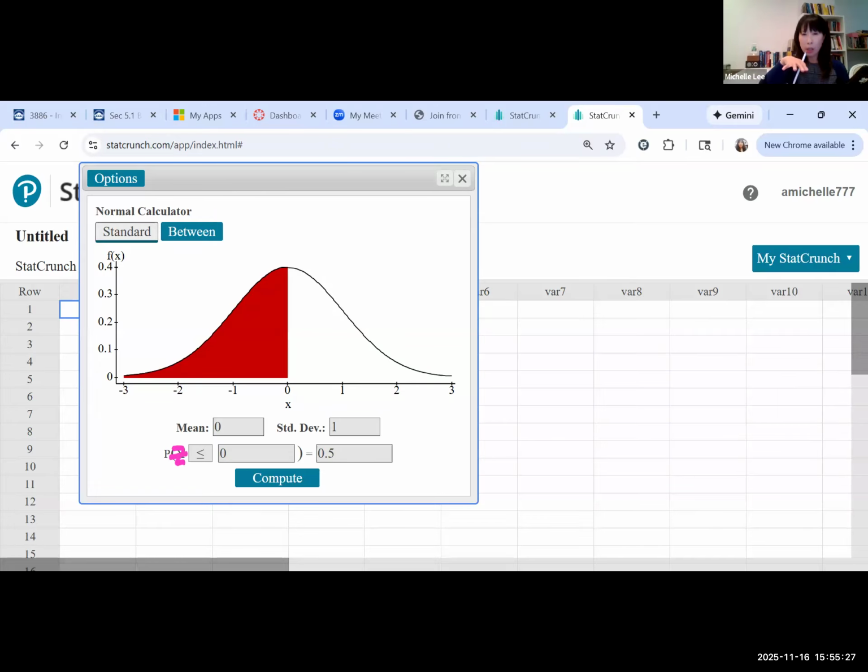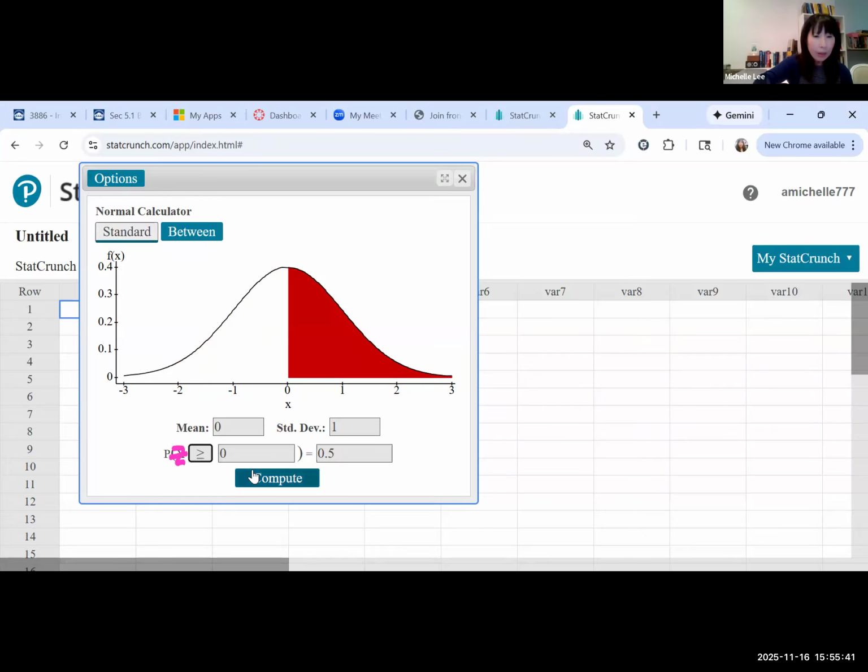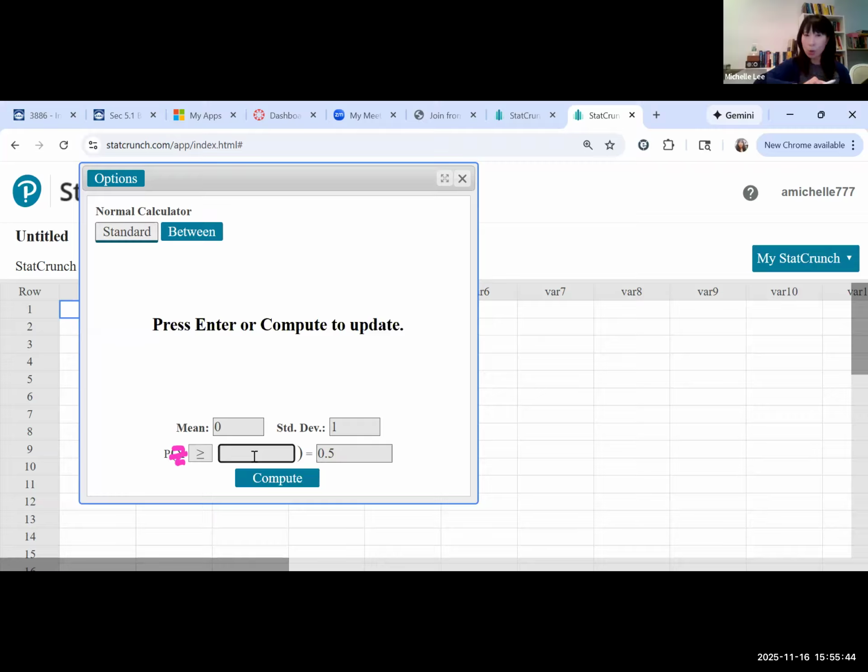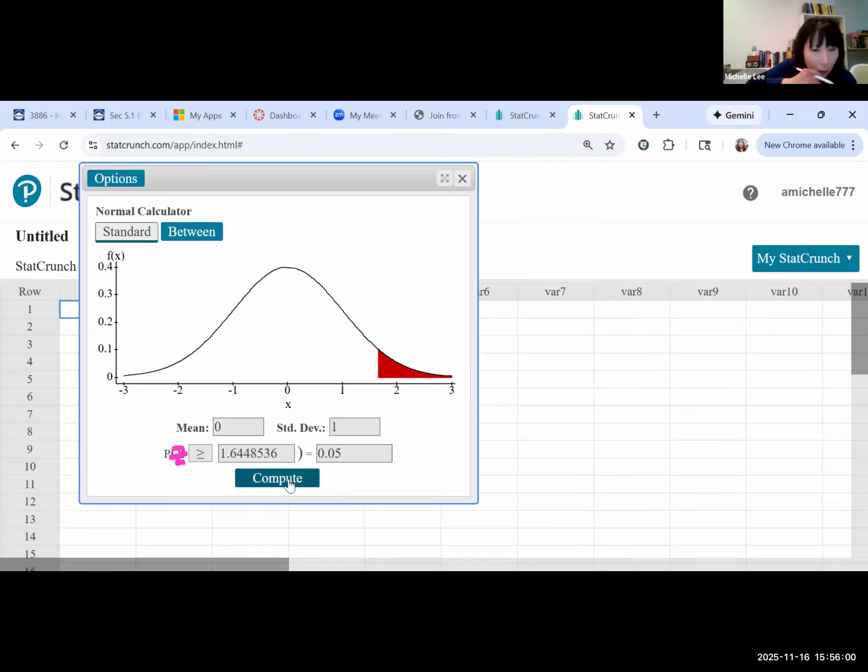Just keep it that way, mean equal to 0, standard deviation equal to 1. Then for the right tail, we're going to use greater than or equal to. We want to know the z-score, so leave that empty. And the area of the right tail is 0.05, yeah? So compute.